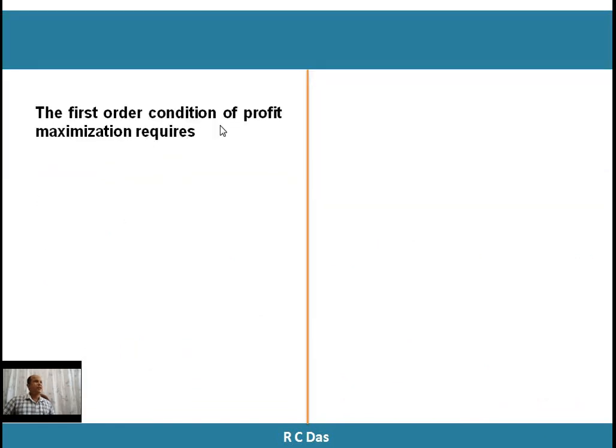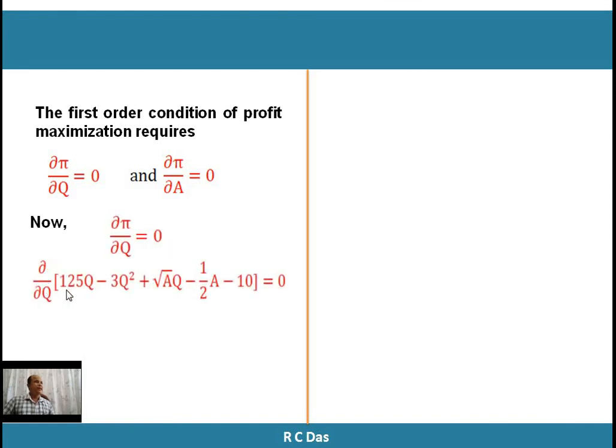The first order condition of profit maximization requires del pi by del Q is equal to 0 and del pi by del A is equal to 0. Now del pi by del Q is equal to 0. So put the value of profit, this is the profit function. After differentiation, we get the derivative of 125Q with respect to Q is 125.